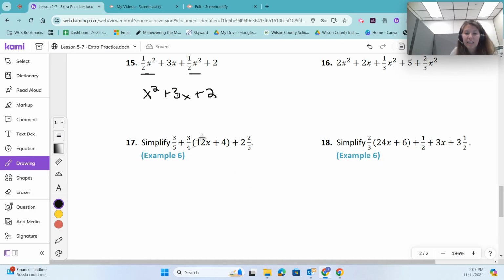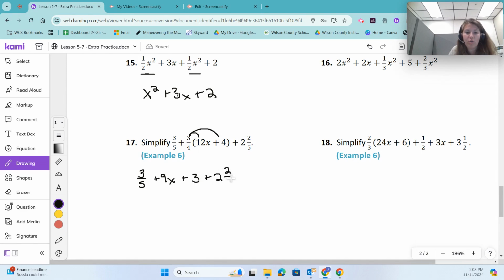And 17 gets a little more complicated with some fractions and some distributive property. Parentheses come first in your order of operations, so we're going to go ahead and do that. 3/5 stays the same. And then 3/4 times 12x is going to be 9x. And 3/4 times 4 is going to be 3. And then they're all positive, so they stay positive.